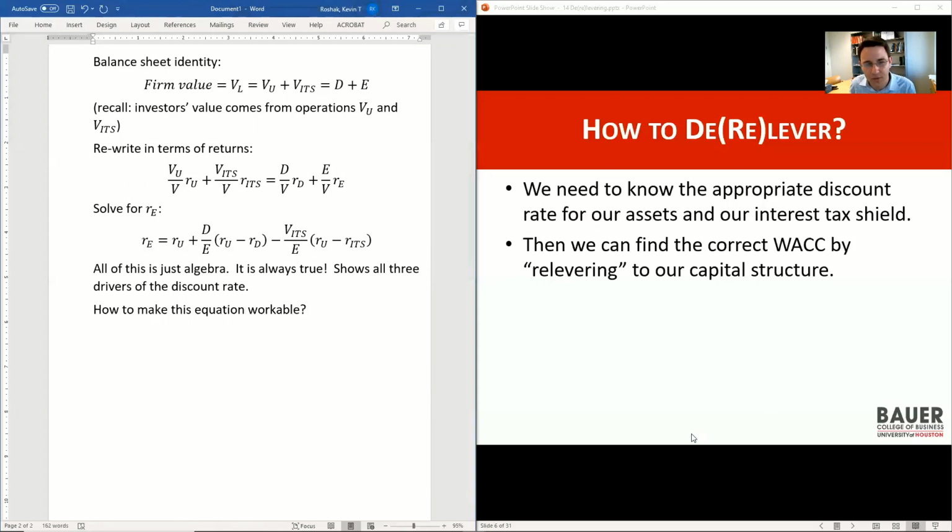We need to make it usable. In order to do that, as I foreshadowed, we need to think more about this discount rate on the tax shields. That's a new concept for us. How risky are these tax shields? It's going to depend on what's going on to the capital structure in the future.